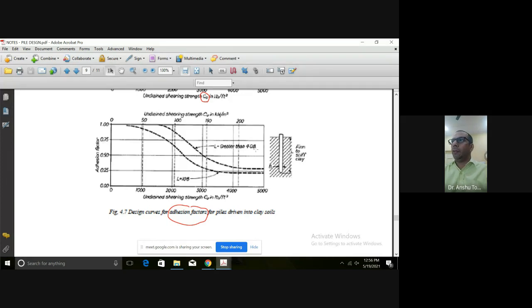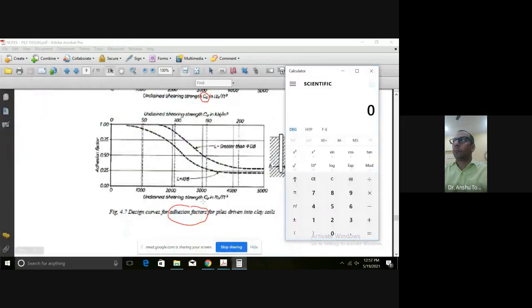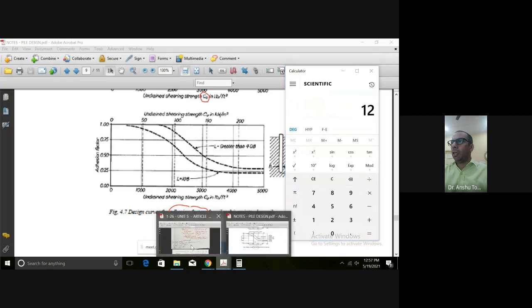L is greater than 40B. So what is B? B is the diameter, let us say 0.3. 0.3 into 40 means 12. What is our value?